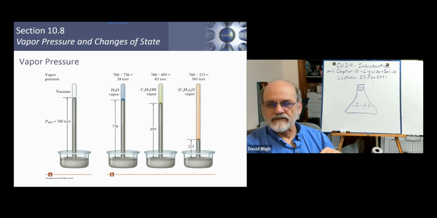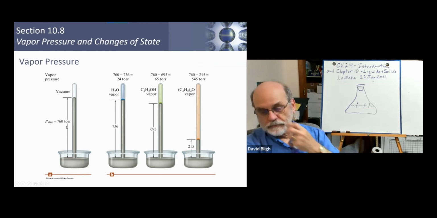Another way of determining vapor pressure is you got a barometer. If there's a vacuum up here at sea level, the pressure is going to be 760 torr, 1 atmosphere.